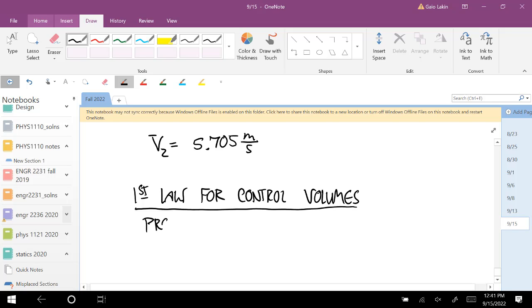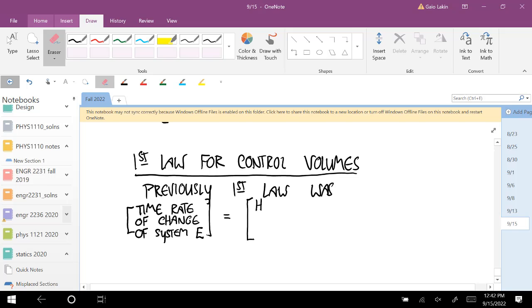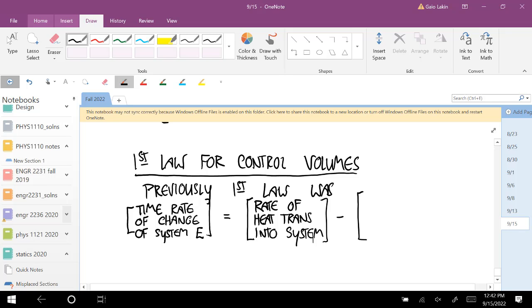Previously, the first law was basically the time rate of change of system energy is equal to the heat added to the system, we're doing differential, so the rate of heat transfer into the system, minus the rate of work done by the system.